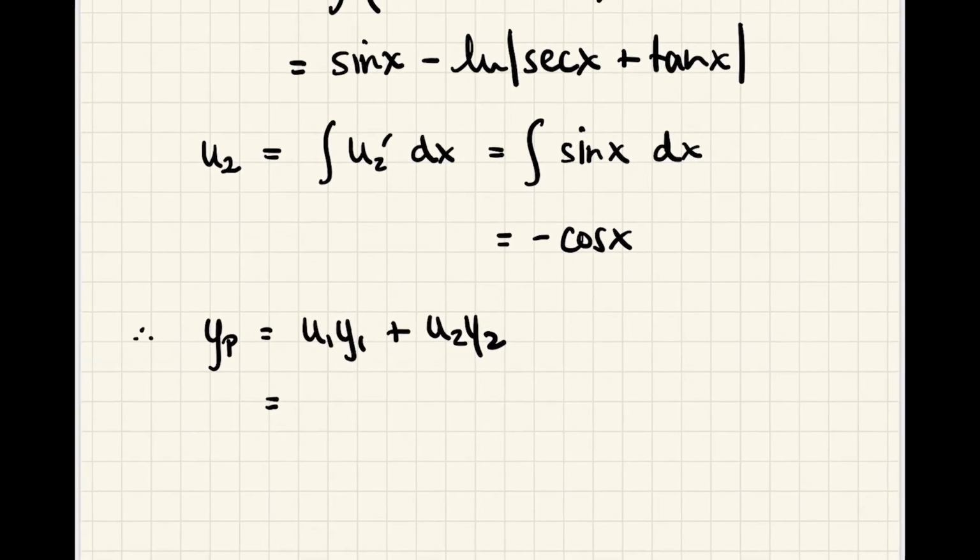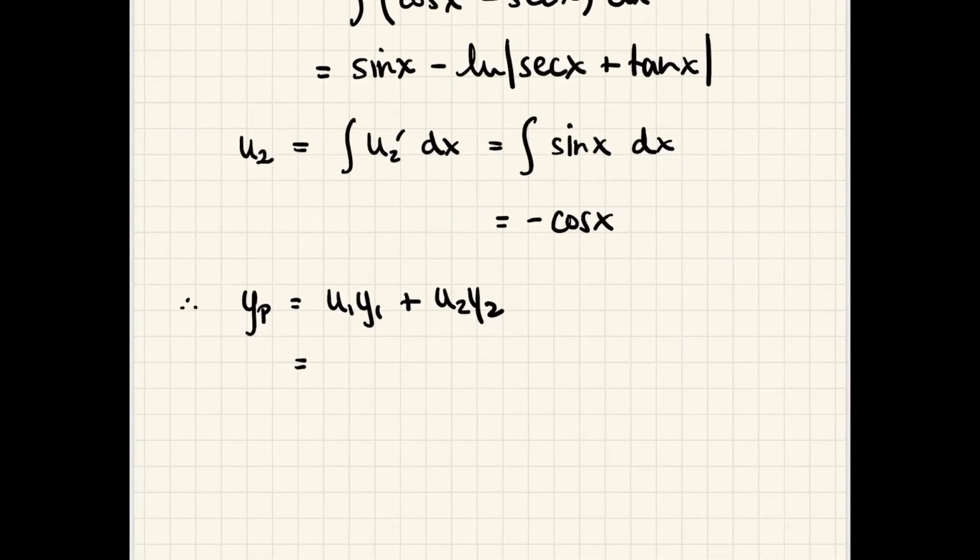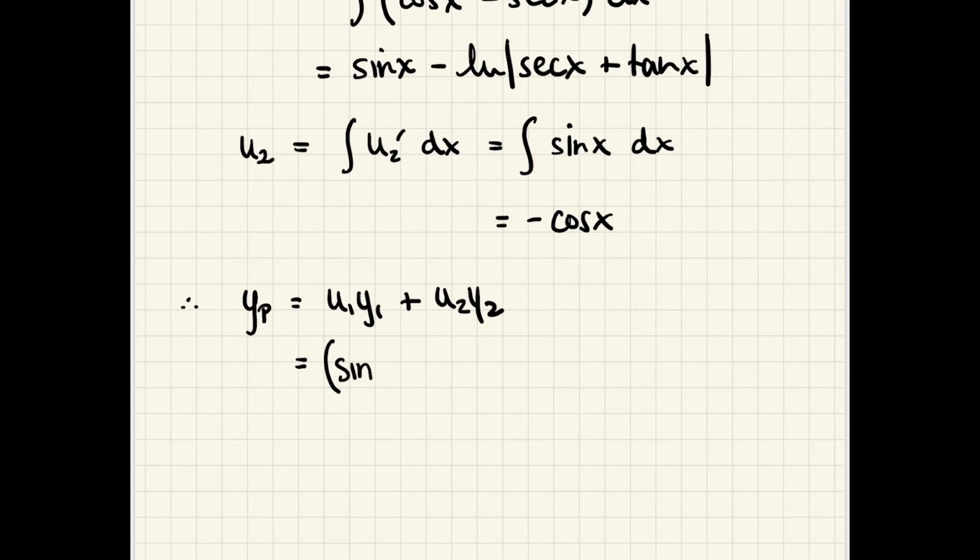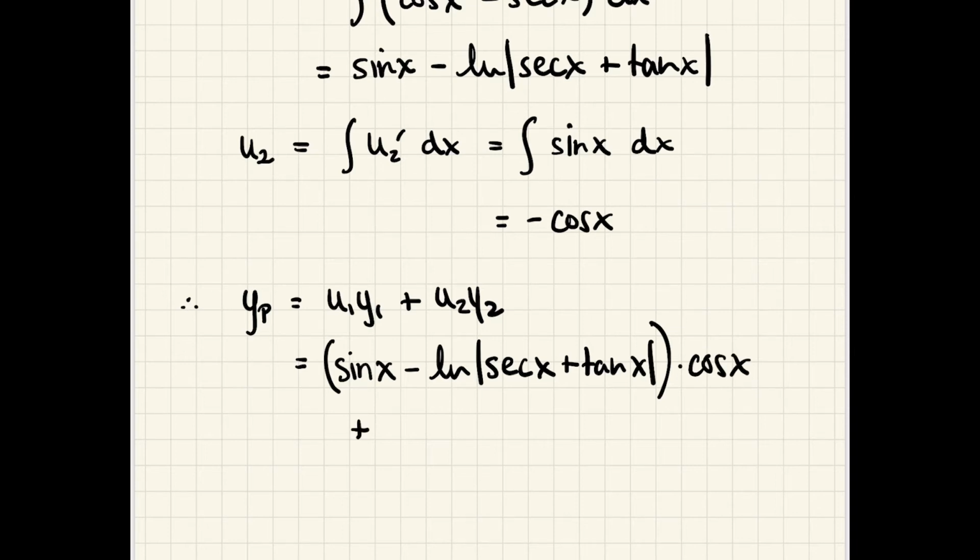So u1 times y1 is u1. We have sine of x minus all of this loveliness. And that's multiplied by y1, which is cosine of x. And we'll add u2. I guess we'll just subtract negative cosine of x times y2, which is sine of x.